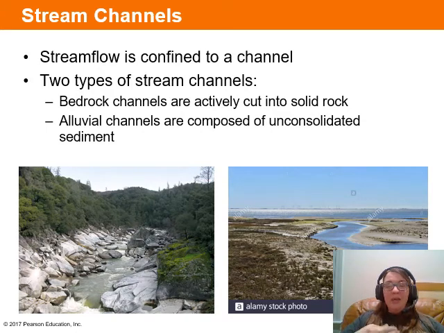This river is just cutting into this solid rock. But here on the right, we're looking at the other type of channel called an alluvial channel. And these alluvial channels are just made out of loose dirt. And these are the types of streams that we see more likely here in Florida.